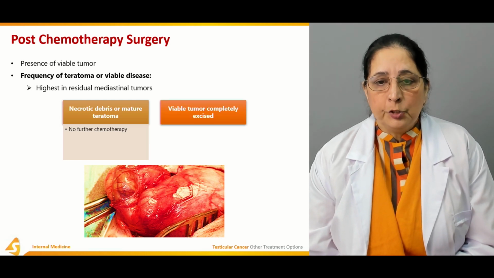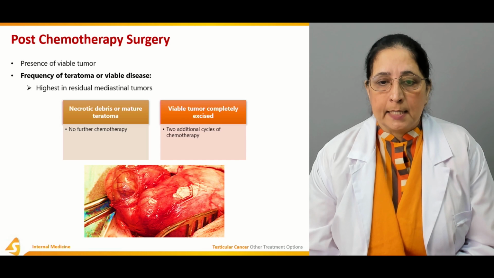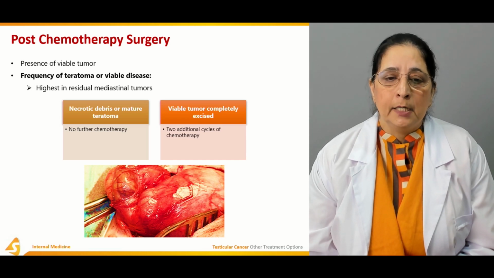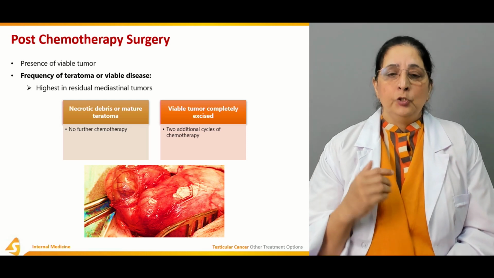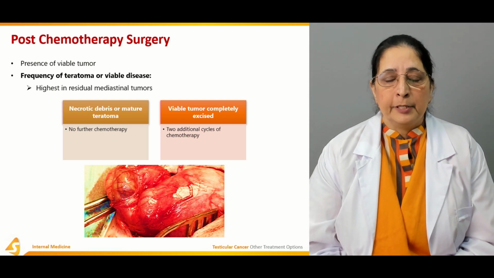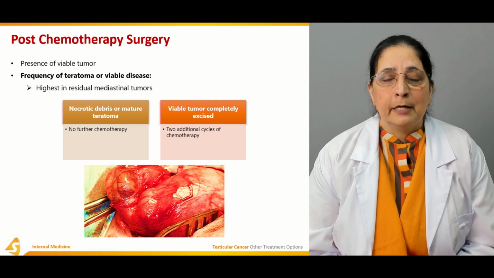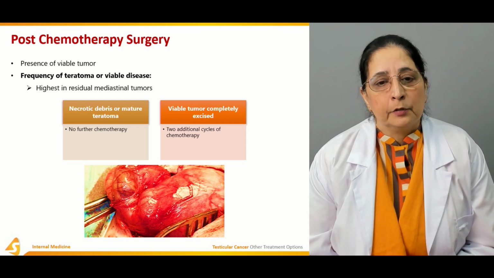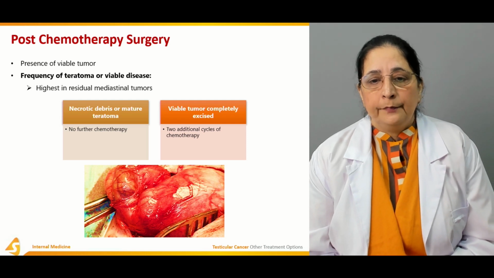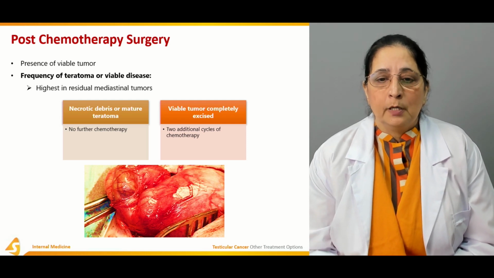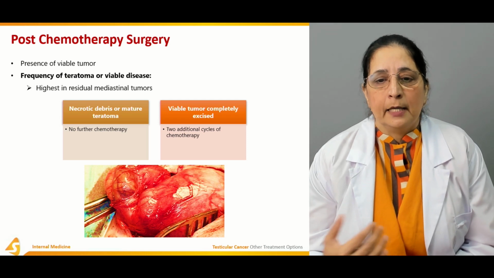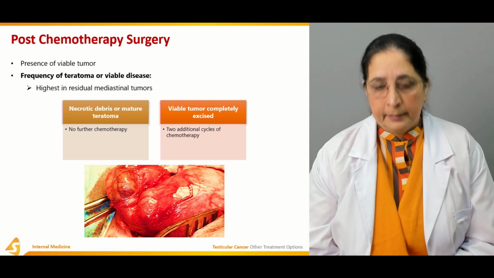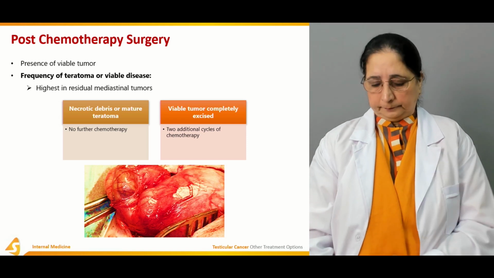If a viable tumor is completely excised, 2 additional cycles of chemotherapy can be done. So if the tumor is mature teratoma and there is necrotic debris, we should not do any further chemotherapy, but if there is viable tumor that is completely excised, then we should try 2 additional cycles of chemotherapy.